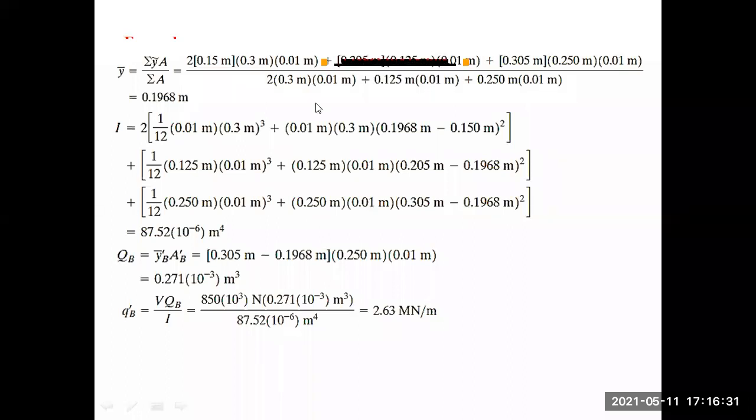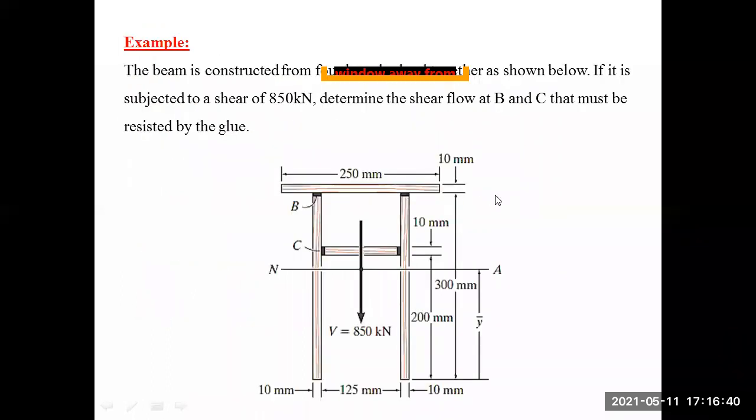Now I explain to you. You don't need to worry about how we find this, because you can't solve it yet. You haven't covered the topic of centroid for composite shapes and moment of inertia.